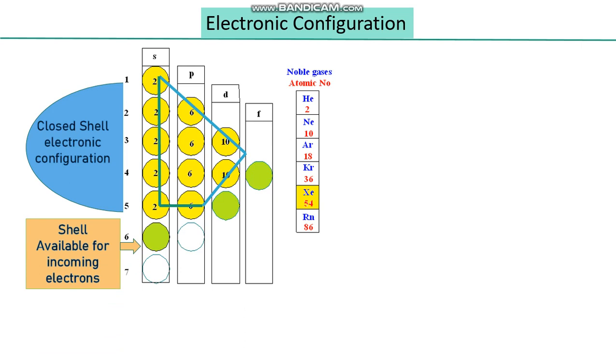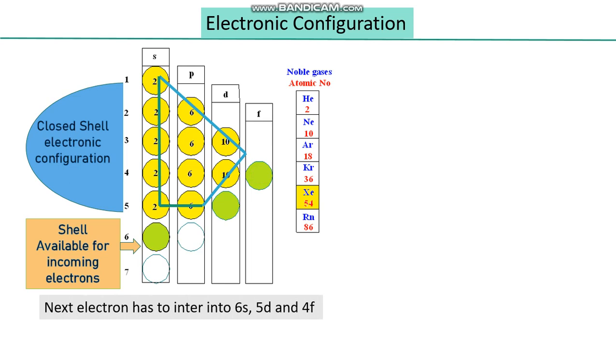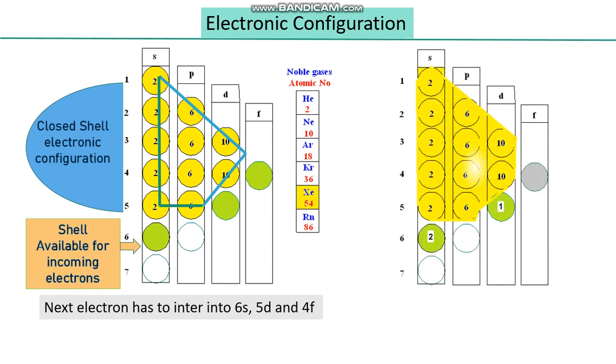Now other electrons will enter into 6s, 5d or 4f orbitals, and generally the electronic configuration of lanthanide can be represented by the xenon configuration, and beyond xenon there will be two electrons in 6s and one electron in 5d.